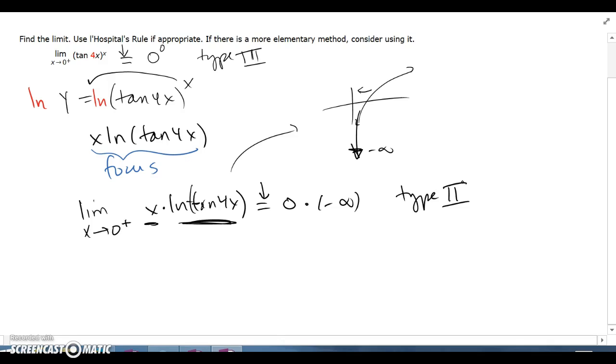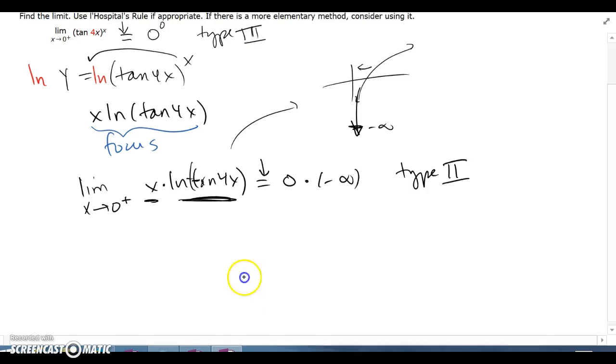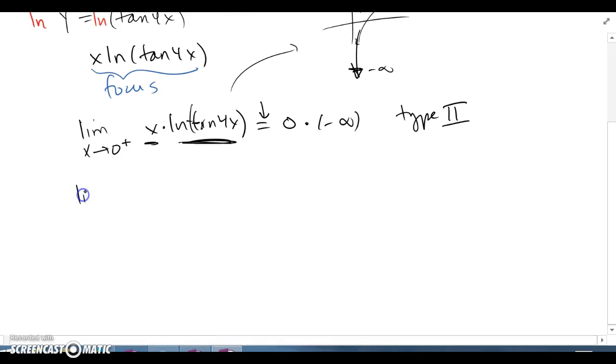So now my goal is to change what I have here into a type 1 problem. So I'm going to choose to move one of them downstairs. I'll leave the ln upstairs, and I will take the x downstairs, making a reciprocal, 1 over x.